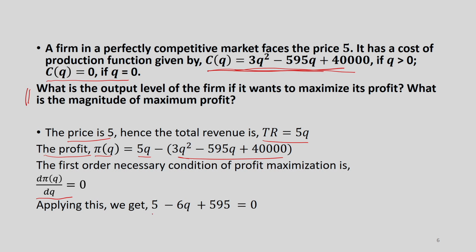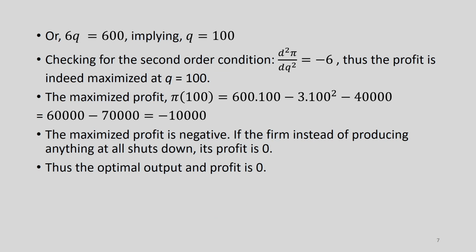Here the calculation comes out to be 5, then 3q square gives me 6q, and minus 595q gives me plus 595, and that entire thing is equal to 0. 5 minus 6q plus 595 is equal to 0. If I solve that, I get 6q is equal to 600, implying q is equal to 100.